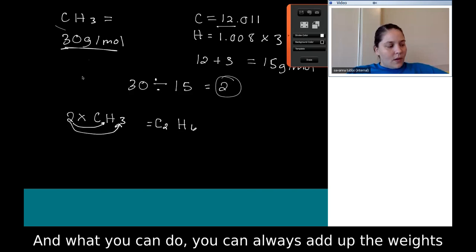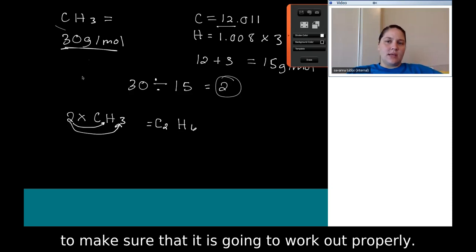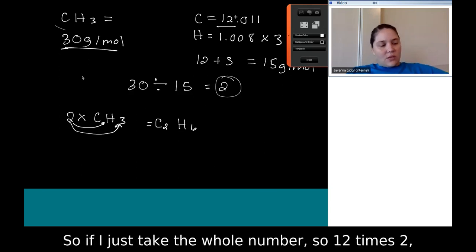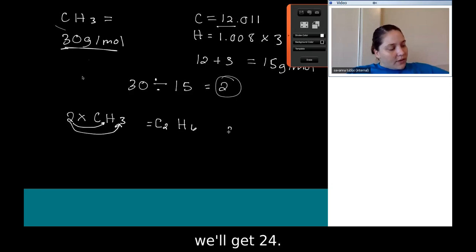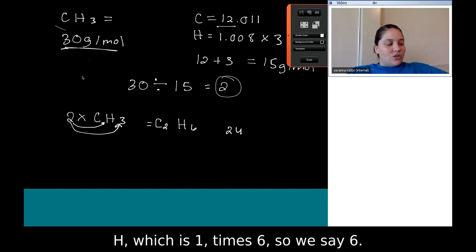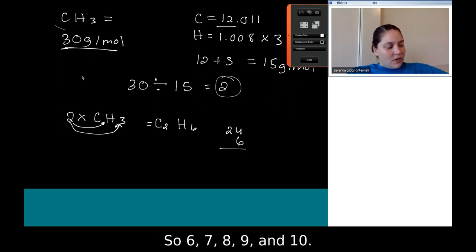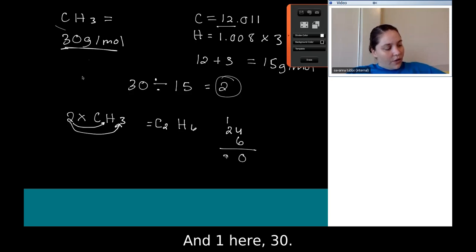And what you can do, you can always add up the weights to make sure that it is going to work out properly. So if I just take the whole number, so 12 times 2, we'll get 24, H, which is 1 times 6, so we say 6. So 6, 7, 8, 9, 10, put a 1 here, 30.